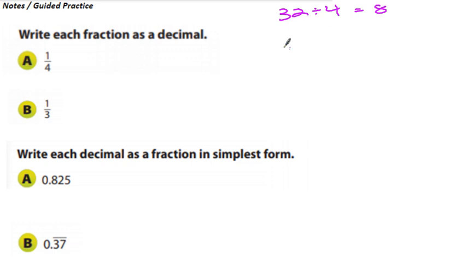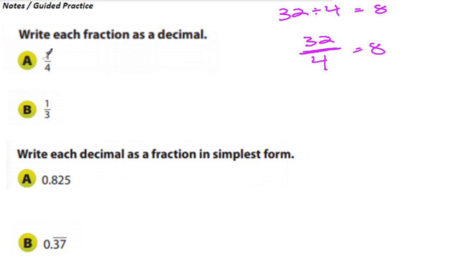But another way to write 32 divided by 4 would be 32 over 4. These are the same exact thing. This fraction line is the same thing as this division sign. So this is 32 divided by 4, which is 8.